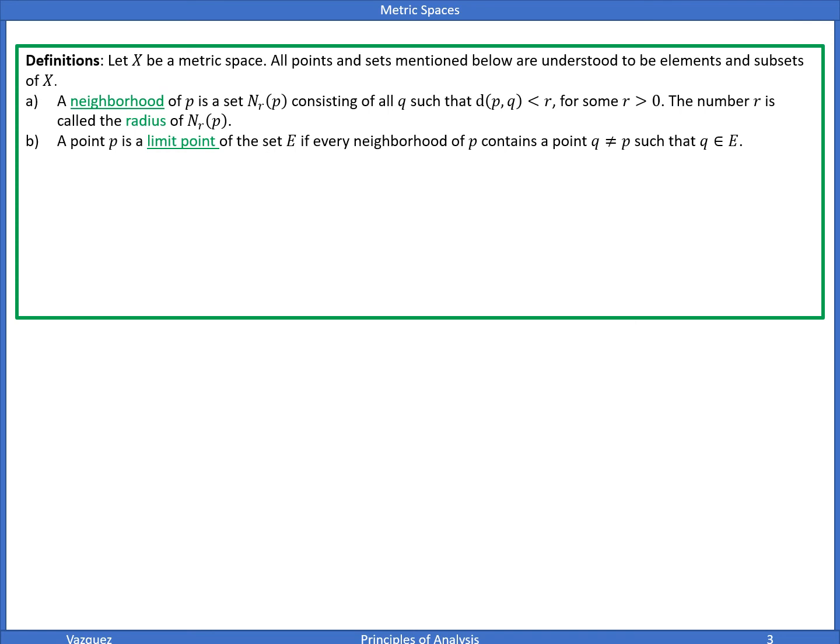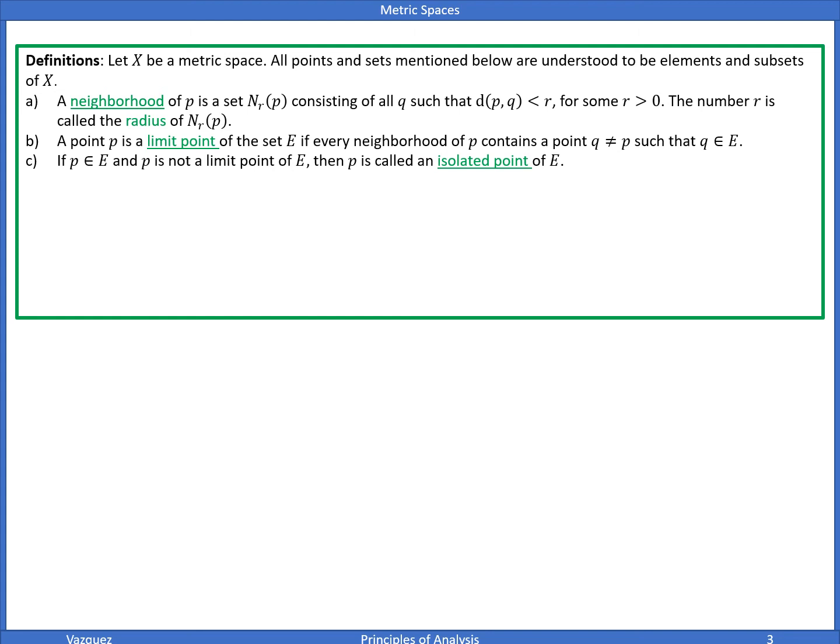A limit point. A point P is a limit point of the set E if every neighborhood of P contains a point, other than P itself, contained in E. These definitions, like I said, you should be familiar with if you've taken analysis on the real line.